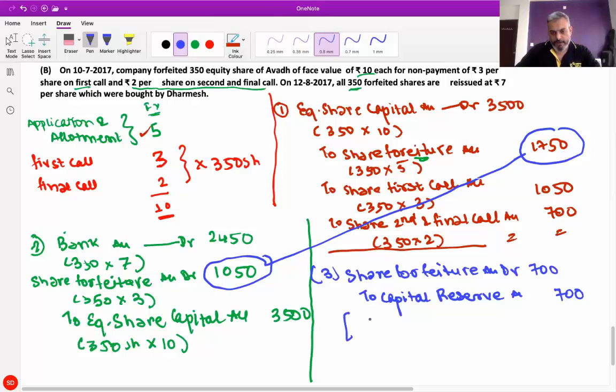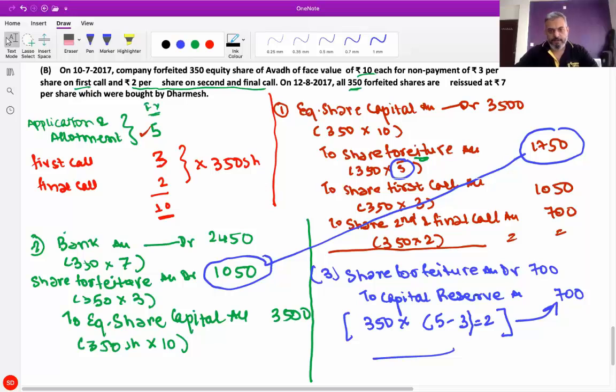If you want to do it by the second method, we forfeited 5 per share and we gave a discount of 3. So 5 minus 3, which is equal to 2. So 350 into 2 is 700. Narrations and closure.